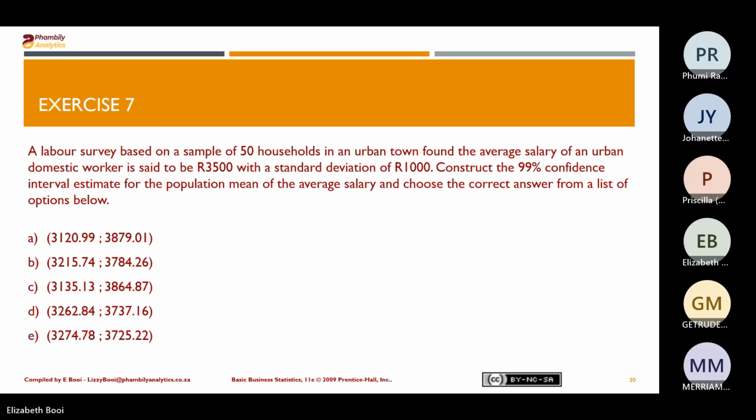Exercise 7, they say a survey is based on this, and you can see if you read this question, it says a labor survey based on the sample of this in an urban town found the average salary of the urban worker to be said to be 3,500 with a standard deviation.